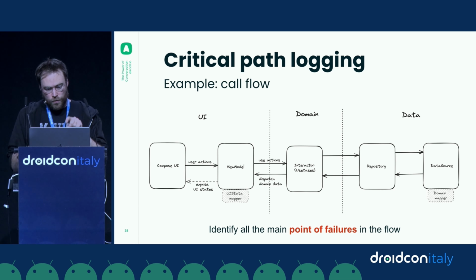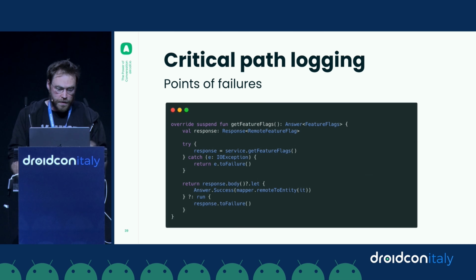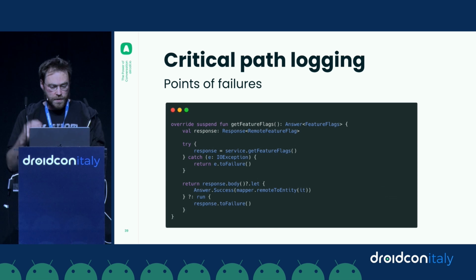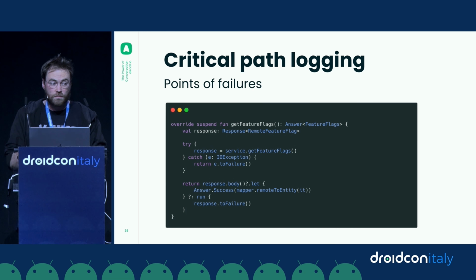So when you identify the critical path, identify the main points of failure inside the whole system. For example, something simple like a data source: when I want to fetch something, I can get a failure from the call itself, or the mapping can be wrong, or the body can be empty.